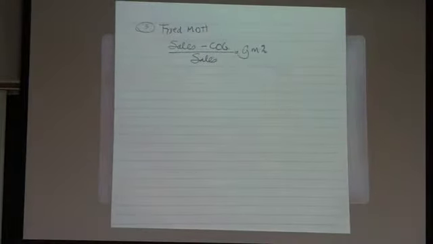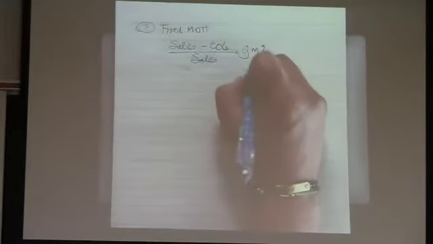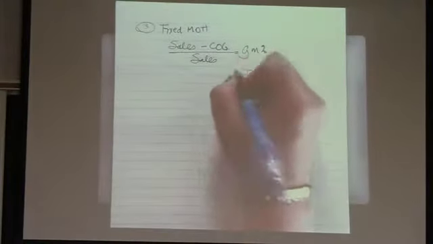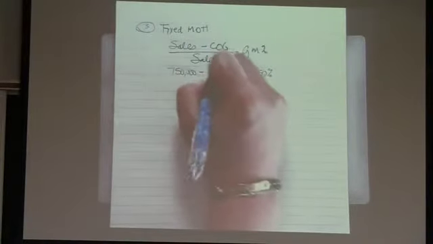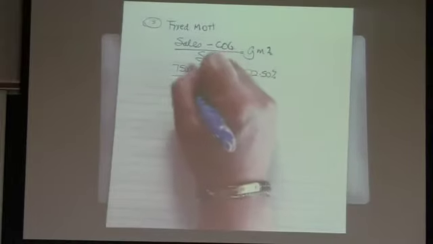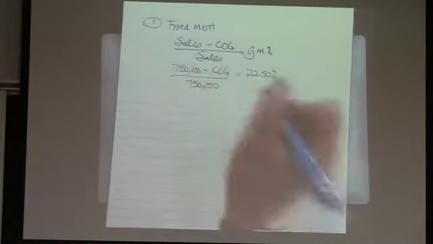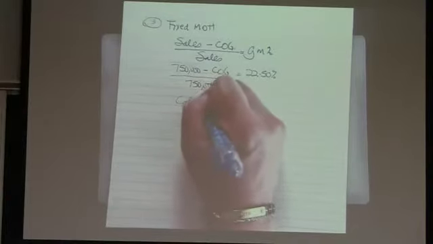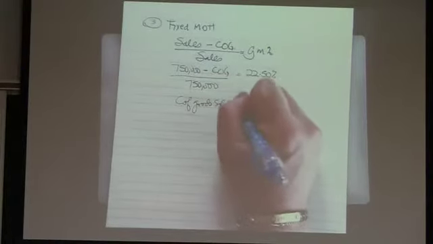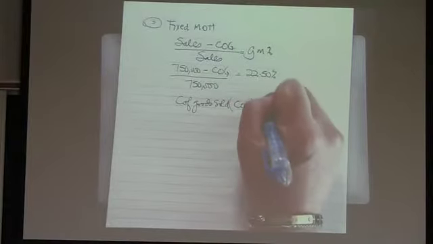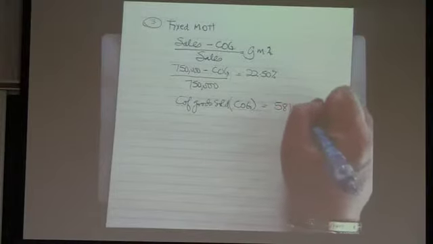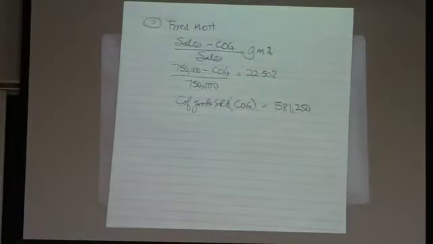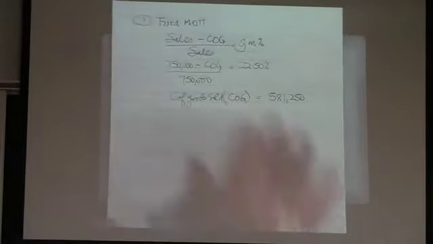Gross margin percentage is 22.5%. We do know the sales, don't we? 750 minus COG divided by 750. That means that cost of goods sold, let's call it COG, equals 581,250. So just do the math.